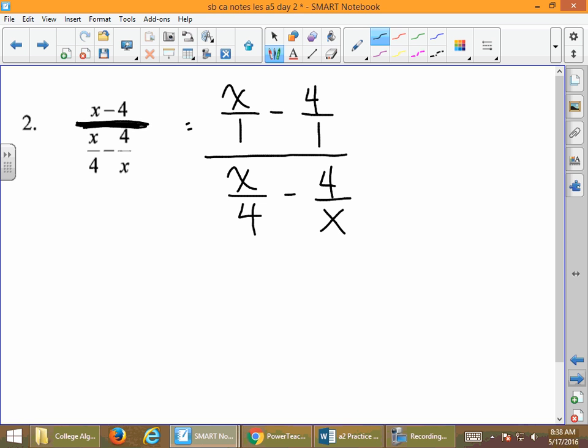Are you sensing a 4x? Sensing a 4x is a good thing, because we don't know what x is. So our only option is to take the two denominators that we really have, the 4 and the x, and multiply them together. Once we determine that the LCD is 4x, we're going to multiply this term by it.